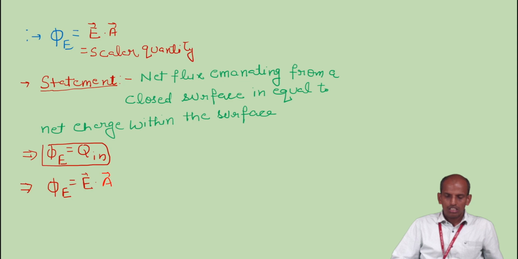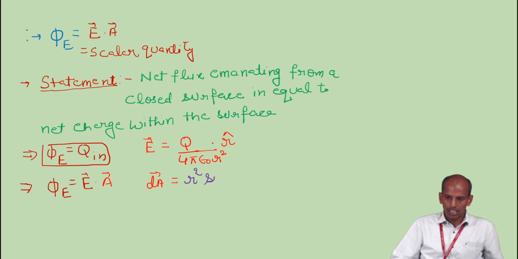So what is the electric field E due to a point charge? Yes, Q over 4 pi epsilon naught R square R cap. And what is the elementary surface area in a spherical coordinate system? You know that perfectly: R square sine theta d theta d phi R hat.